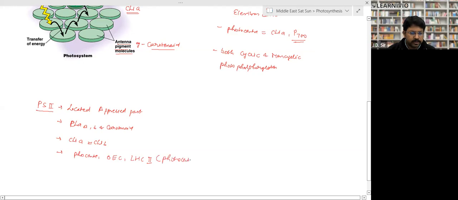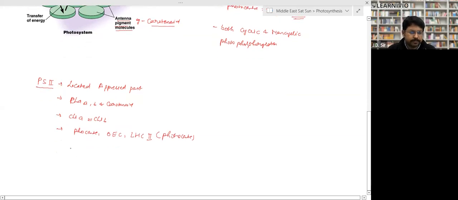The photocenter is made up of a dimer of chlorophyll A molecules.